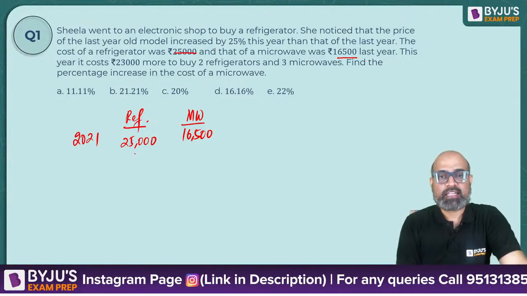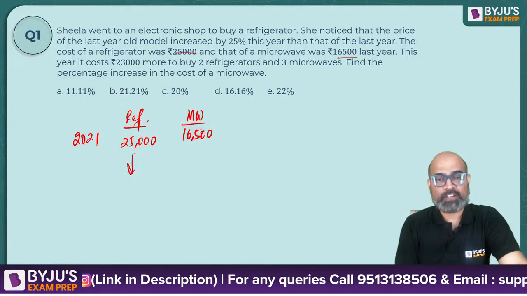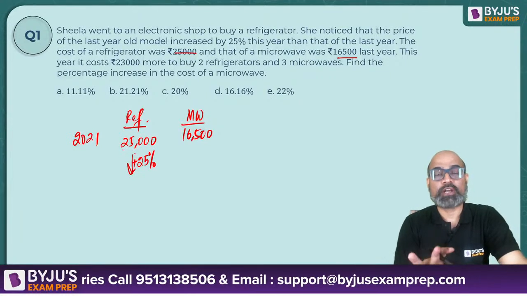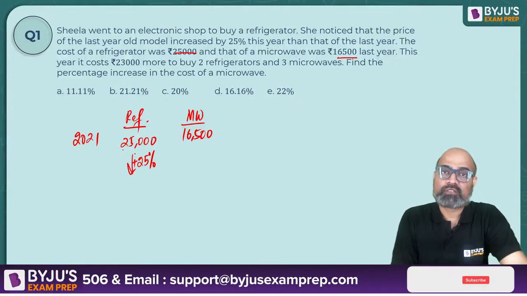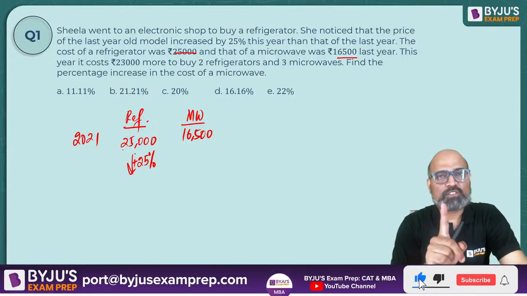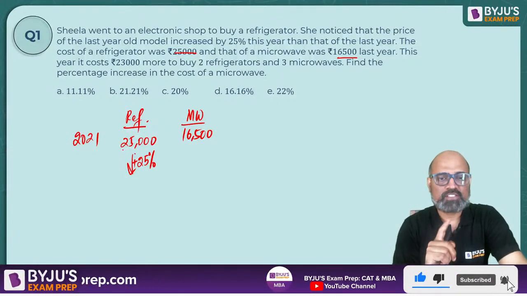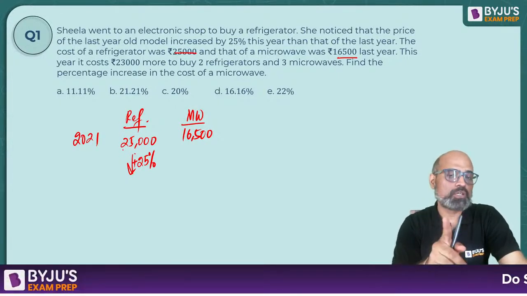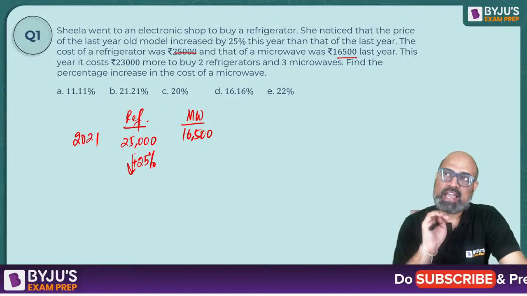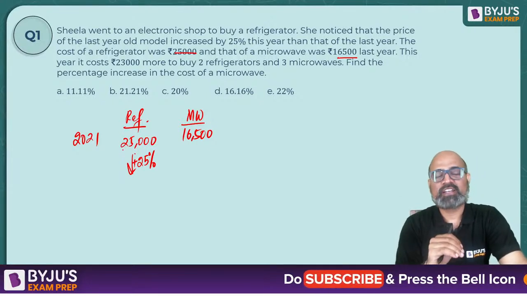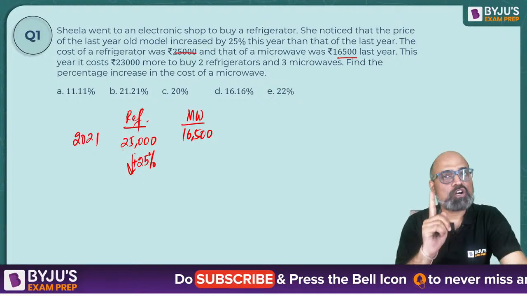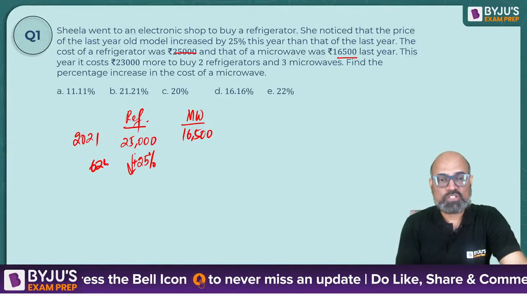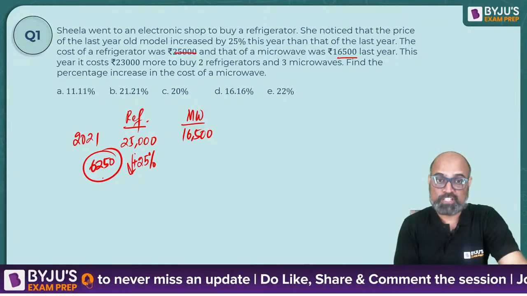The last year model increased by 25%. So what is the increase in 25% of 25,000? 25% is 1/4 in fraction, right? So 1/4 of 25,000. Half of 25,000 is 12,500. And half of 12,500 is going to be 6,250. So there is going to be an increase of 6,250 in the case of refrigerators.